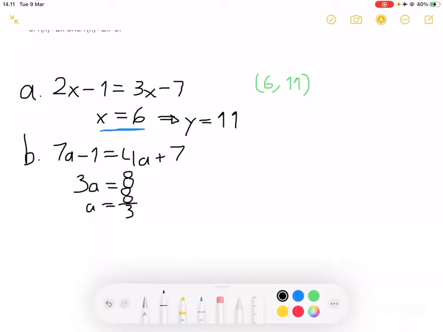And to get the c value, we can just substitute this into either of these two equations, and you get that the c value will be equal to 53 over 3. Yep. So the coordinates of intersection of these two lines will be (8 over 3, 53 over 3).